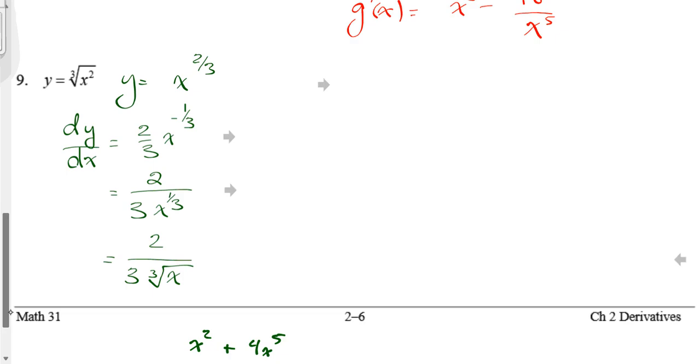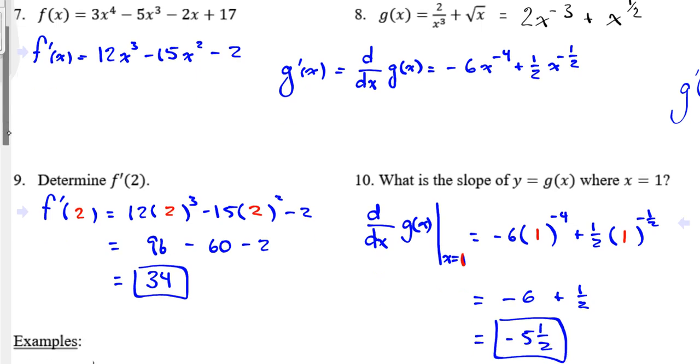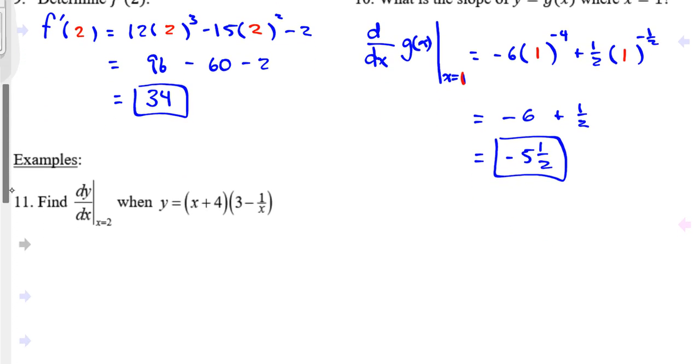Since my original question had radicals in it, I just rewrote it so my derivative had radicals as well. So often that's what we'll do. But when we come to the test, what I'll say is don't simplify unless I tell you to. If you simplify, that's okay, as long as you don't make a mistake. But there'll be times that I'll ask you to simplify or put it in a simplest factored form, and we'll talk about that more with tomorrow's lesson. Good?